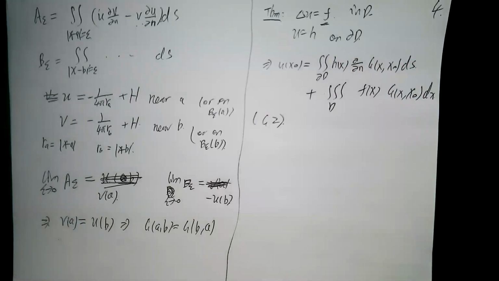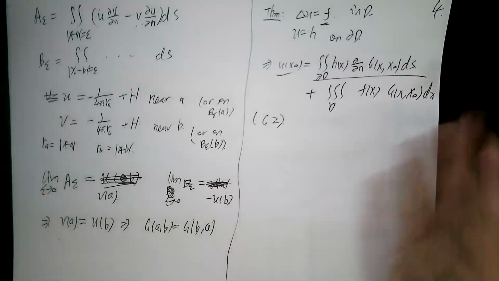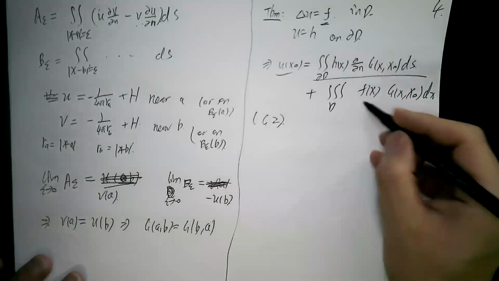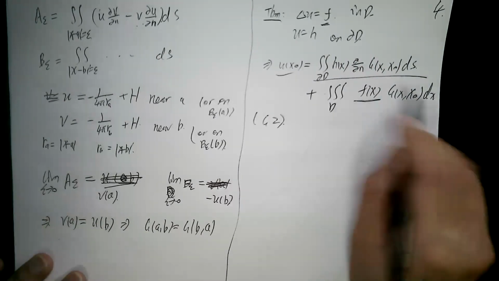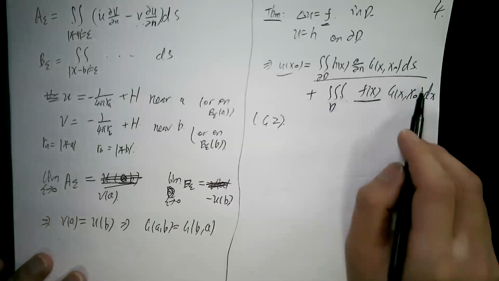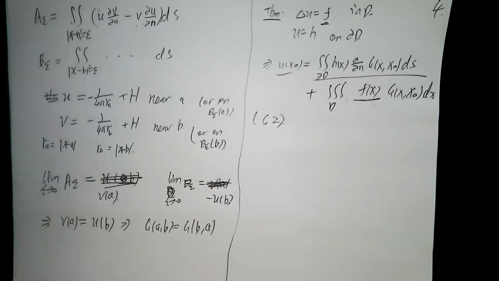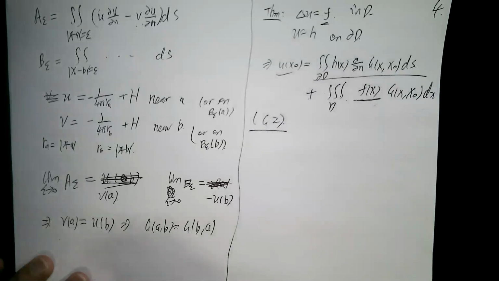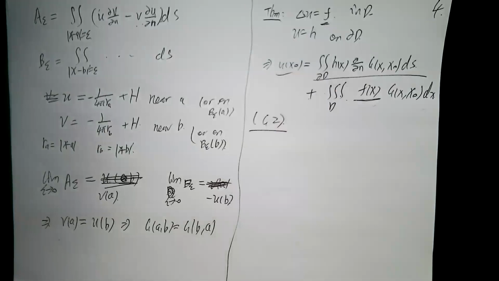Why do we get this kind of thing in addition to these terms? It's simply because this will be Laplace u times G. If Laplace u equals 0, then this term disappears. But if Laplace u is not equal to 0, then you will have this term left. So similarly, from G2, for the inhomogeneous problem, the solution should look like this. I just mention it here.